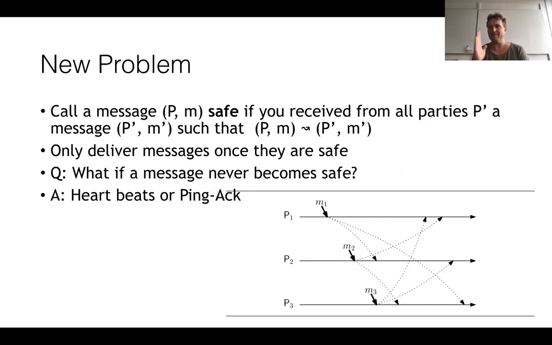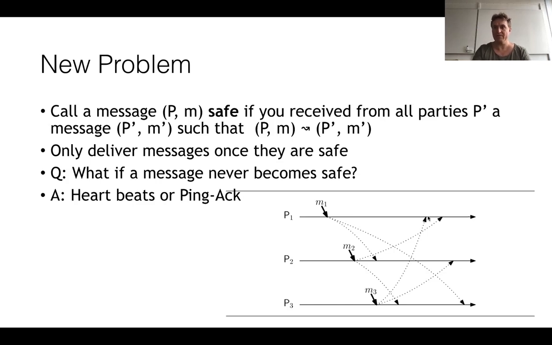In particular at the edge of newly sent messages, and in particular if there's no more communication in the system. Take a message here like M3. This is the first message that should be delivered. It arrives up here at P1 at this point here. So M3 becomes safe only when P1 has received from both of the two parties something that's in the causal future of M3.